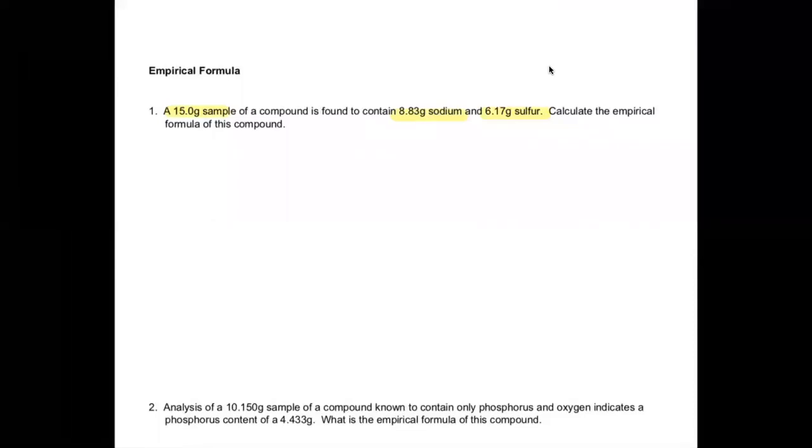Same setup as before. We have our first mass, 8.83 grams of sodium. Divide that by the molar mass of sodium found on the periodic table, 22.99 grams per 1 mole. We divide that and we're going to get 0.38408.